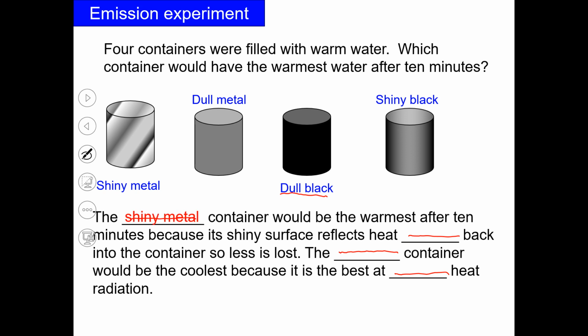Answer: firstly, the shiny metal container will be the warmest after 10 minutes because its shiny surface reflects heat radiation back into the container, so less is lost. The dull black container will be the coolest because it is the best at emitting heat radiation.